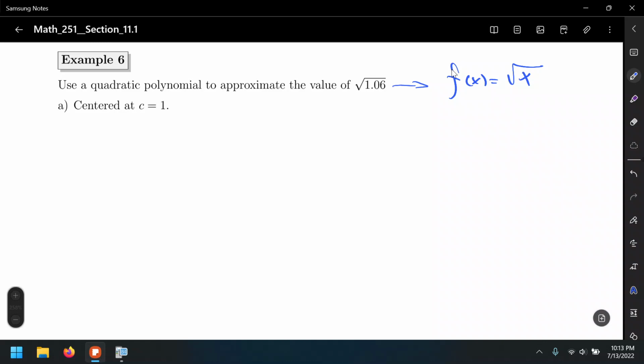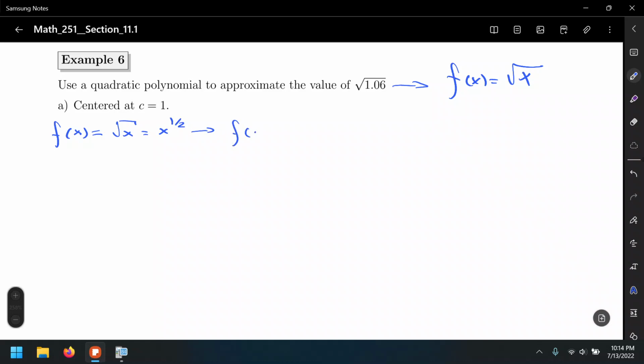And what's a good center to approximate the square root of 1.06? We're going to do it centered at 1. So f of x equals square root of x, which is also x to the 1/2. We're going to need the x to the 1/2 to take the derivative later.